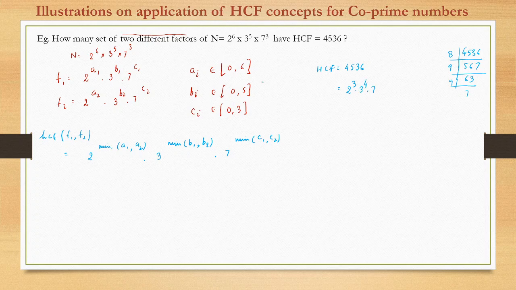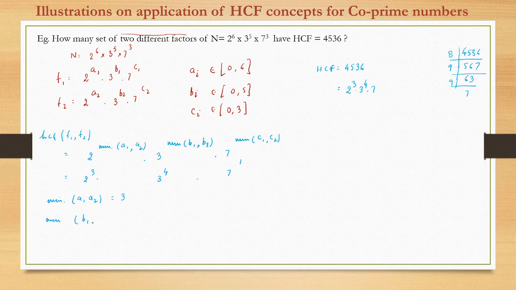Okay, so now from here, minimum of a1 comma a2 will be 3 only for the HCF. So HCF is nothing but 2 raised to power 3 into 3 raised to power 4 into 7 raised to power 1. So we can say minimum of a1 comma a2 will have to be 3.